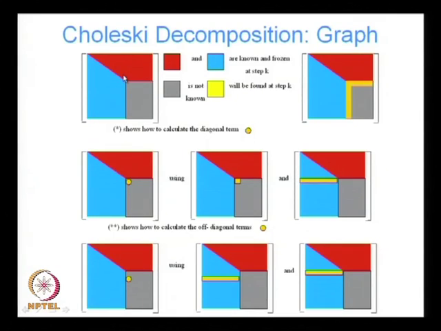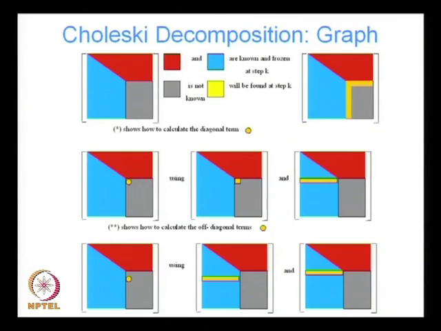Suppose at the kth step, the red part is already known, that is the upper triangular part which has already been formed. The blue part consists of the multipliers which have already been formed, and the gray part is not known. Not known means it still has to be modified. The original matrix is known, but it has not yet reached its final form after Choleski decomposition.